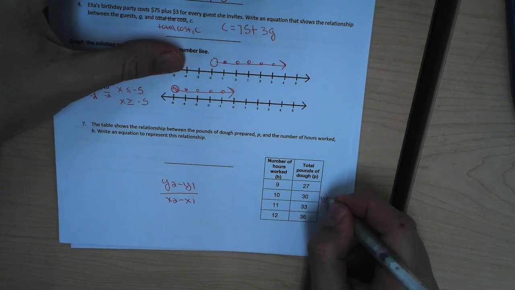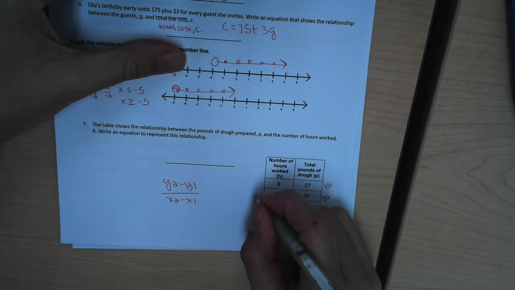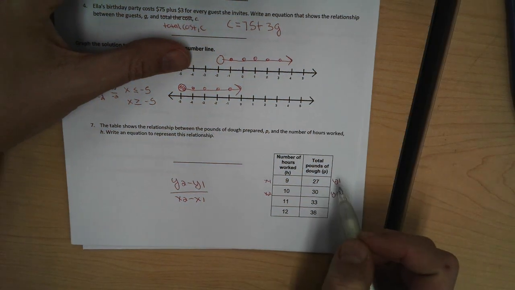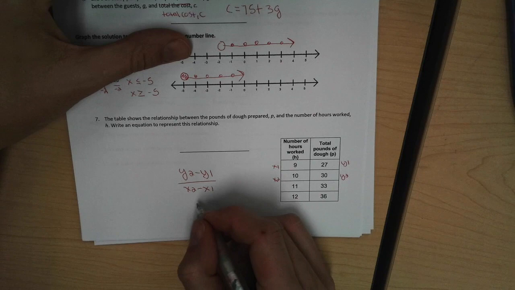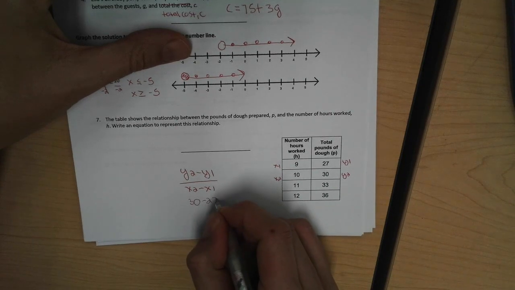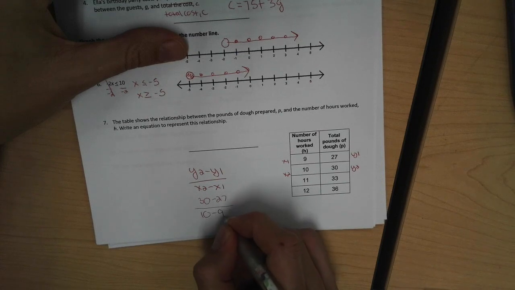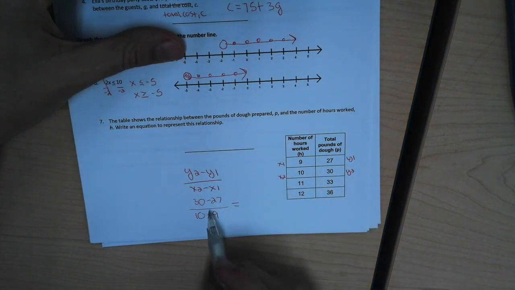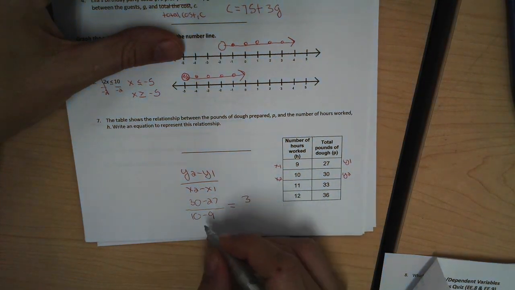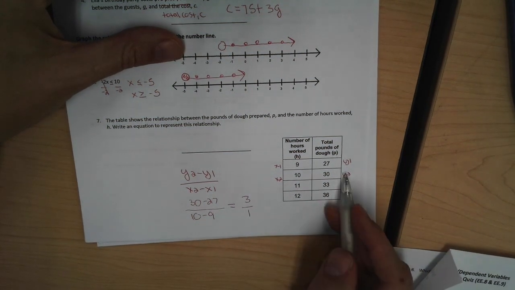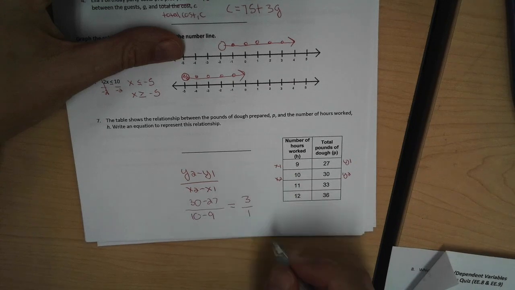So this is my y2, this is my y1, this is my x2, and this is my x1. Now I'll plug my numbers into my formula to get 30 minus 27 over 10 minus 9. 30 minus 27 is 3, and 10 minus 9 is 1. So then my rate of change for this table is equal to 3.